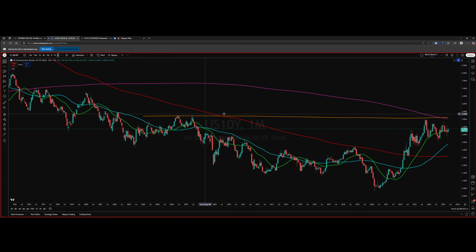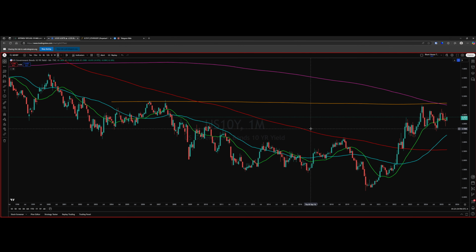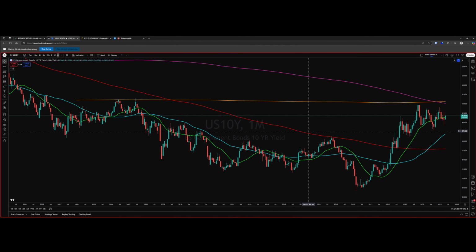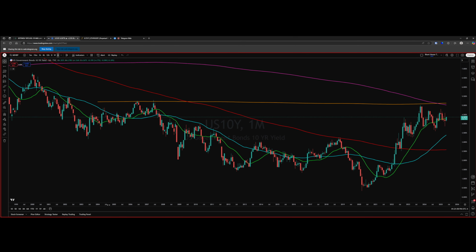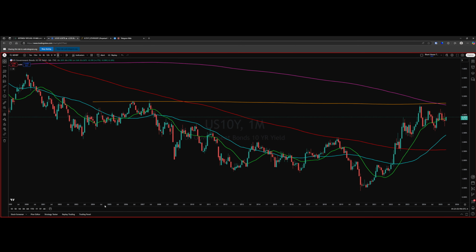Now we have, this is the 10-year treasury. So we looked at oil, we've looked at the dollar, now we're going to look at the 10-year. These are, again, the three things that I'm looking at on a regular basis that helps me with a kind of macro view. What I want to show you from a technical perspective is, this is a monthly chart of the 10-year treasury.